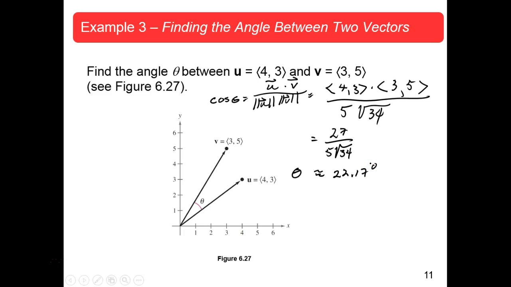Now, I kind of disagree with that many digits. I think I would have said about 22 degrees. I don't think you can get 4 significant digits out of nothing more than 1 significant digit, but it's okay. The book probably did at least that many. Yeah, they did 22.17.